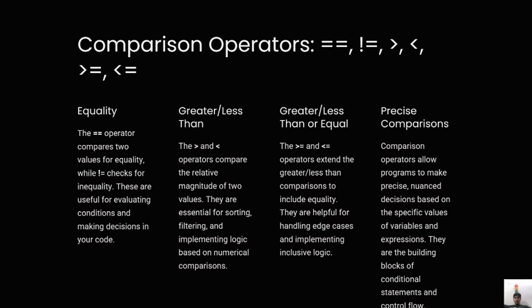They are helpful for handling edge cases and implementing inclusive logic. Comparison operators allow programs to make decisions based on the specific values of variables and expressions. They are the building blocks of conditional statements and control flow.